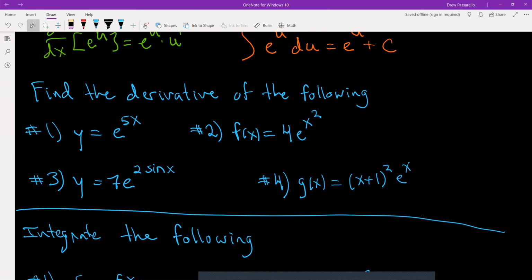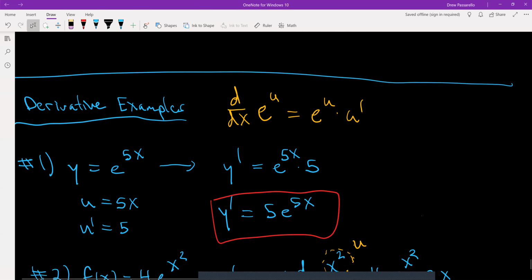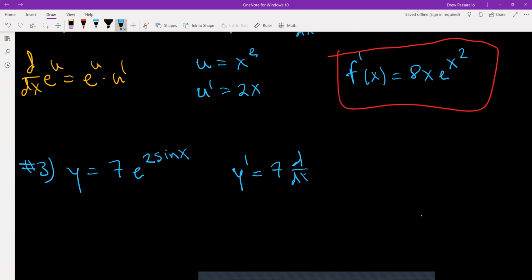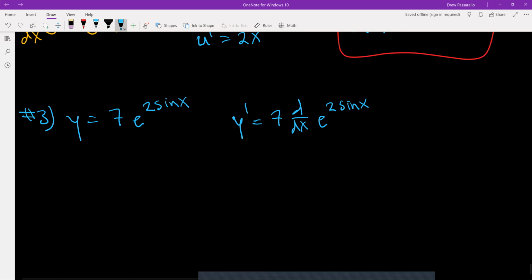Number 3 is 7e to the 2 times sine x. All right, so again, the constant 7 I factored out. So it's going to be 7 times the derivative of e to the 2 times sine x. u is the exponent portion, 2 times sine x.